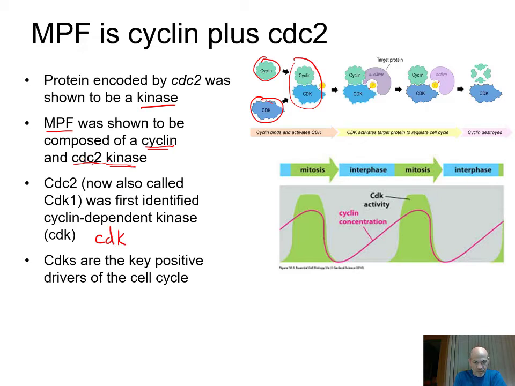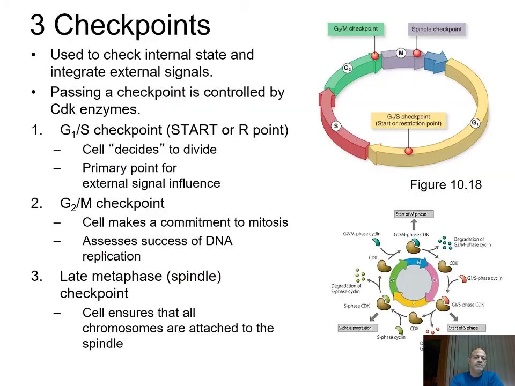So CDC2 is going to be a specific kind of cyclin-dependent kinase. And what does that mean? It means that the CDK is a kinase. It's going to phosphorylate, but it depends on binding with a cyclin to make it active. Okay, so these cyclin-dependent kinases were then found, based on this research, to be the positive drivers for the cell cycle. In other words, they were important in triggering the cell to go to the next stage.